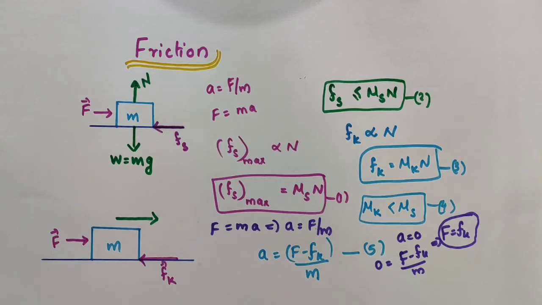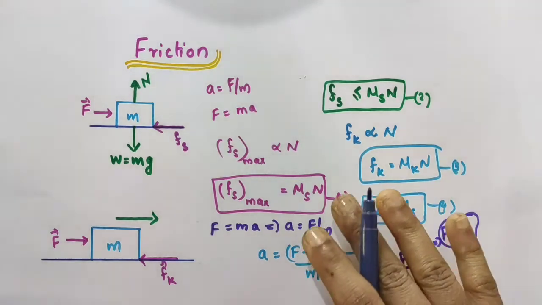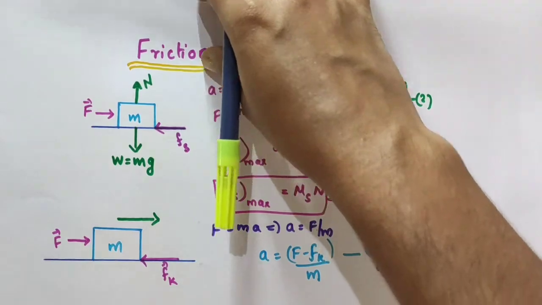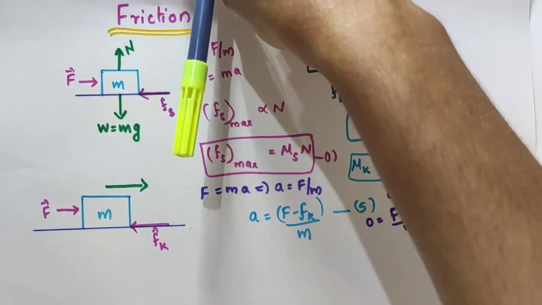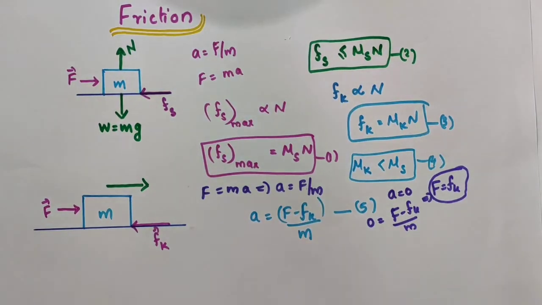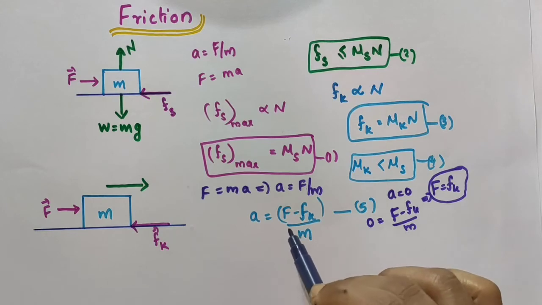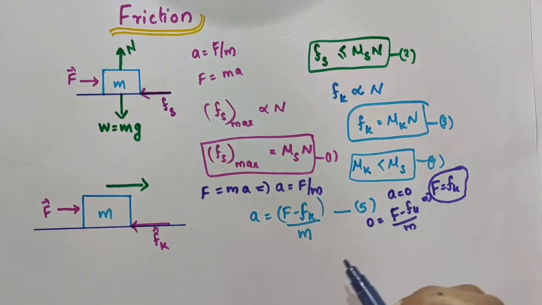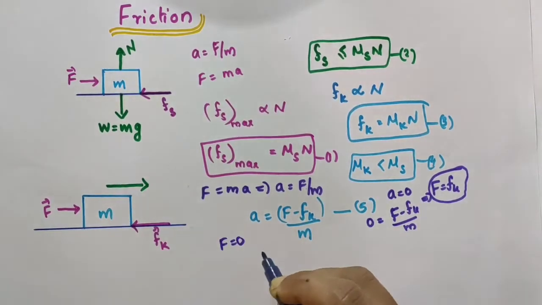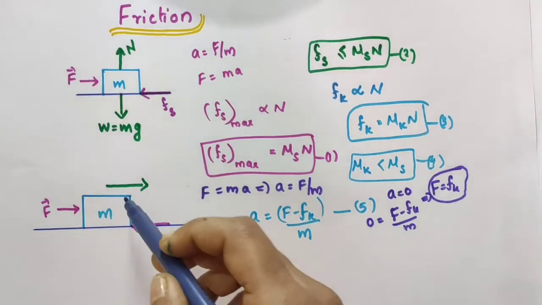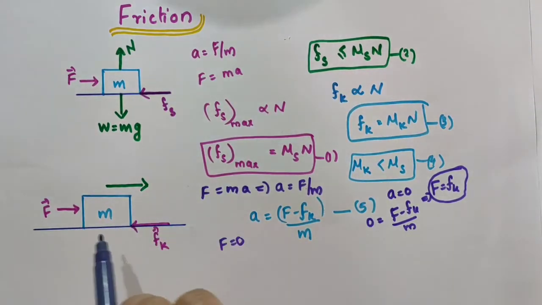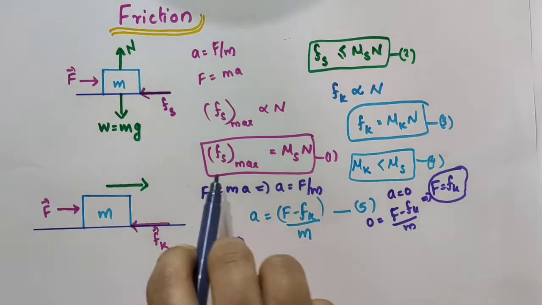So for an accelerating body, the acceleration is a equals F minus Fk divided by m. Now, if the applied force F on the body is removed, that is, F is equal to 0. Consider this as a ball. We keep applying some force on the ball, like kicking it on the ground, so that it moves along this direction.